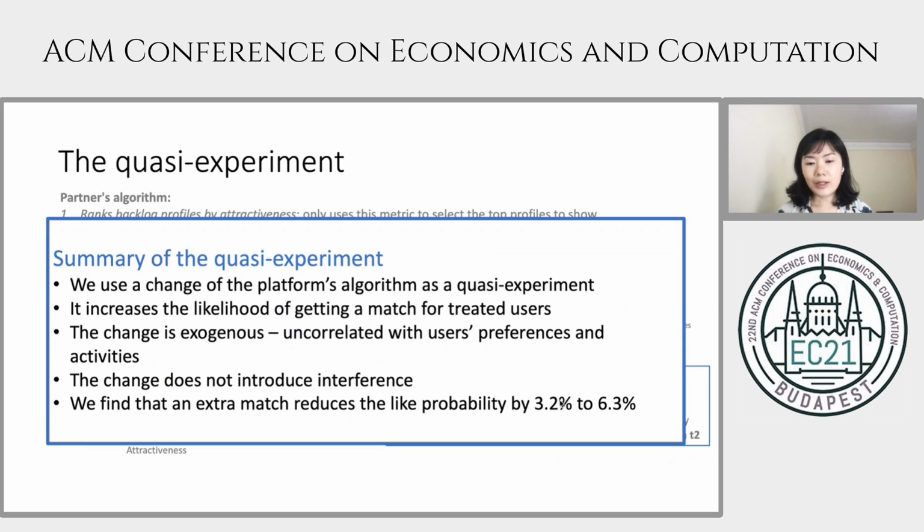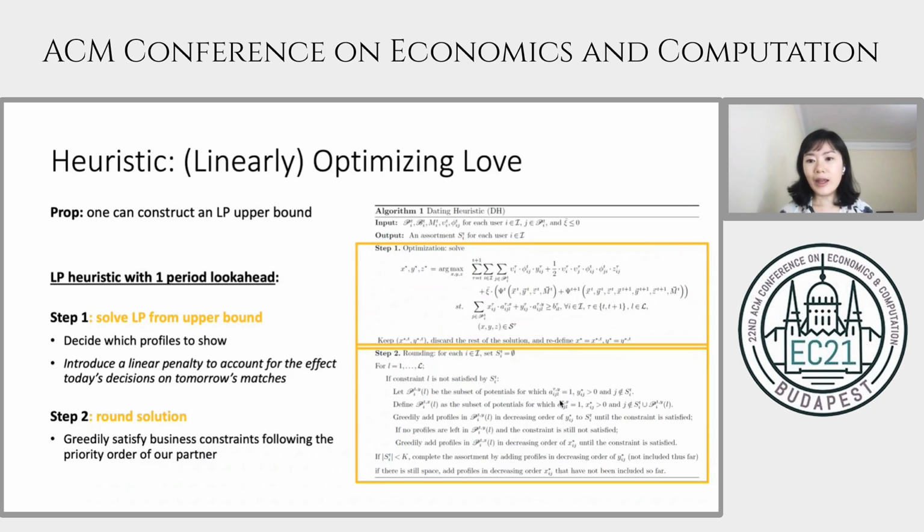We find that an extra match reduces the like probability in the current period by 3.2 to 6.3%, which is significant.